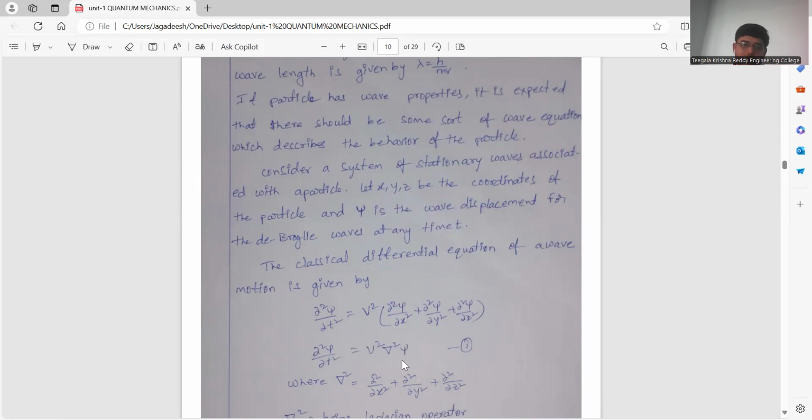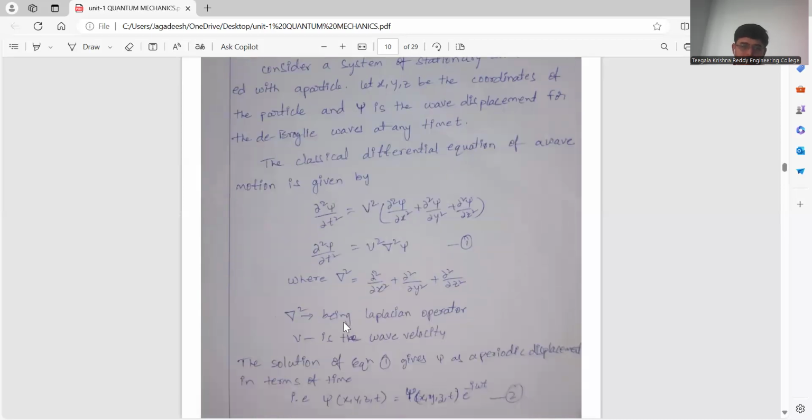Here del square is dou square by dou x square plus dou square by dou y square plus dou square by dou z square, the Laplace operator, and v is the wave velocity. The solution of equation 1 gives psi as a periodic displacement in terms of time.